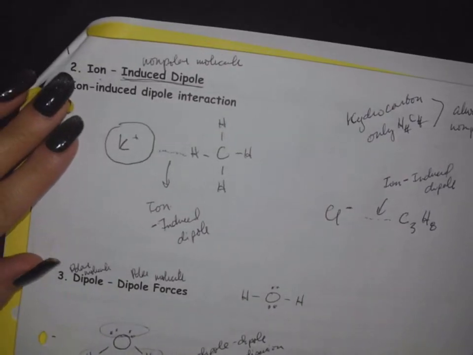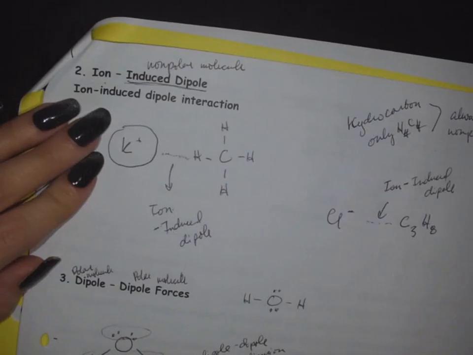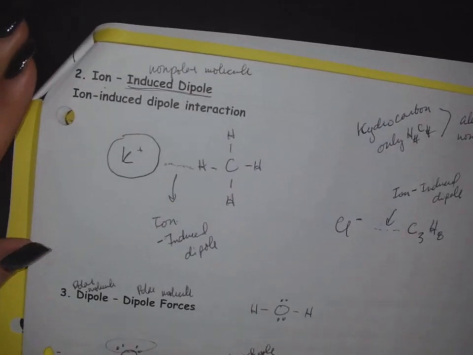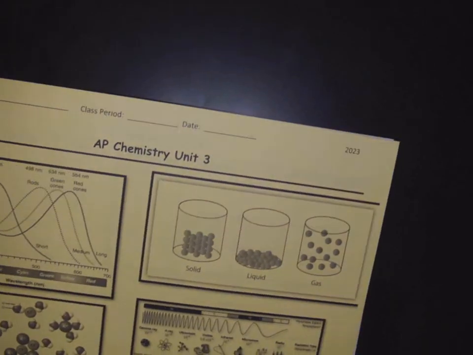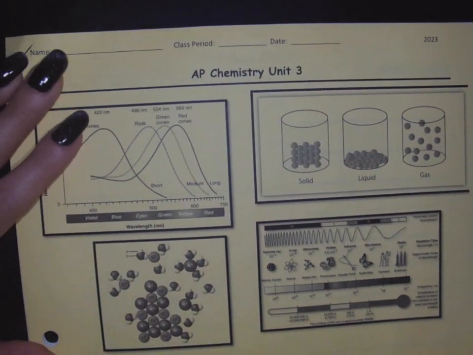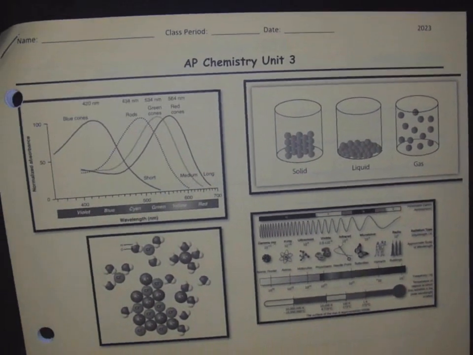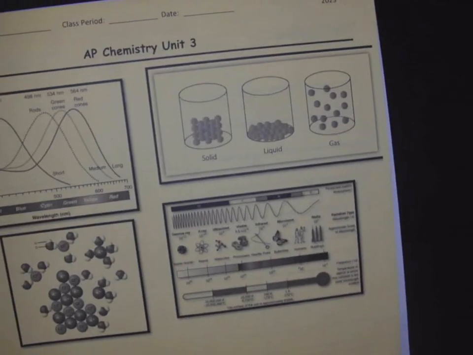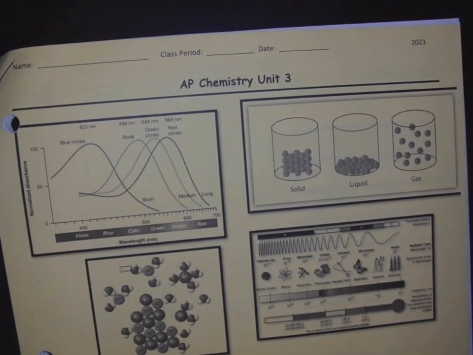And we're going to talk about ion-induced dipoles a little bit more. And then I have a game for us to play where we're going to be identifying IMFs and registering which one has higher vapor pressure and boiling point and melting point and that kind of stuff.